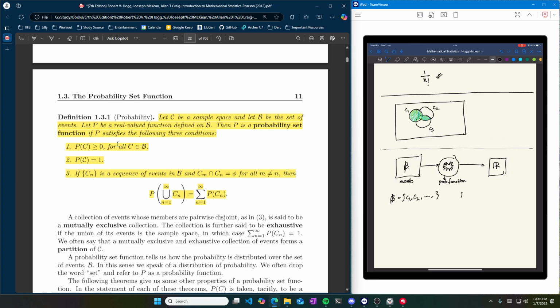So probability of any event is going to be greater than or equal to 0. I mean, it can happen that this particular event has probability 0 as well, but it has to be non-negative first of all, right?